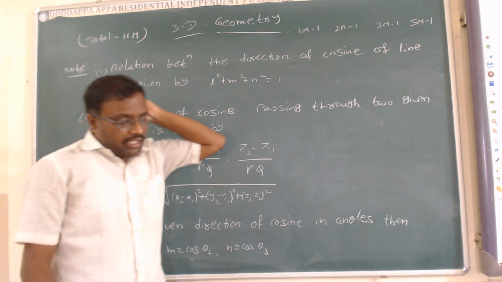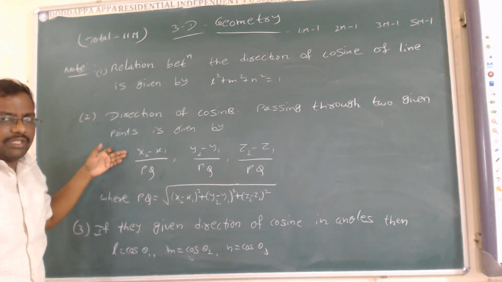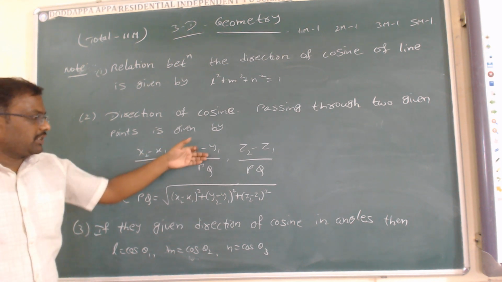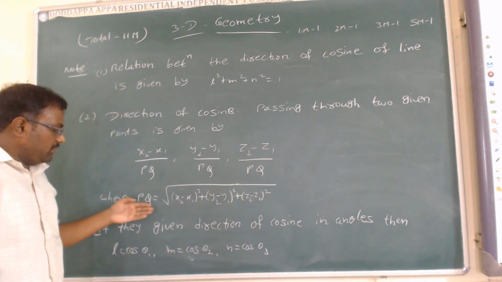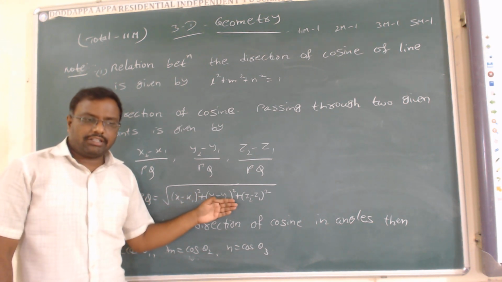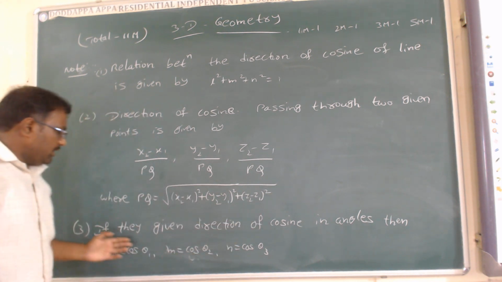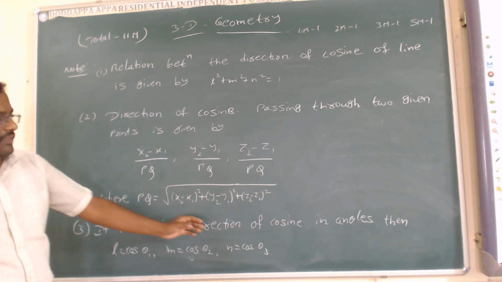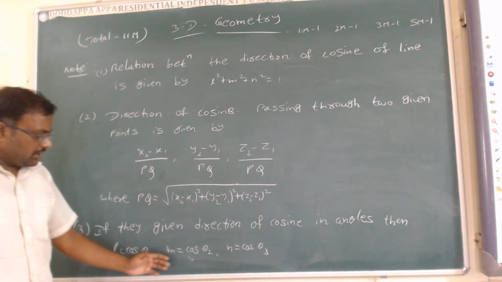So another one, second point is very important. Direction of cosine passing through the two given points is given by x2 minus x1 divided by pq, y2 minus y1 divided by pq, z2 minus z1 divided by pq, where pq is equal to what? Under root of x2 minus x1 whole square plus y2 minus y1 whole square plus z2 minus z1 whole square. Similarly, third one, if the same direction of cosine, if they given in angle, then L is equal to what? Cos theta 1, M is equal to what?